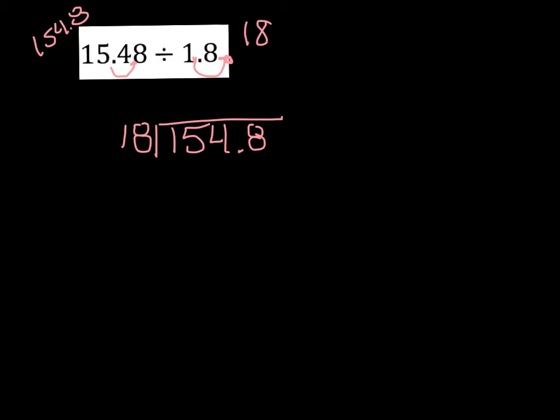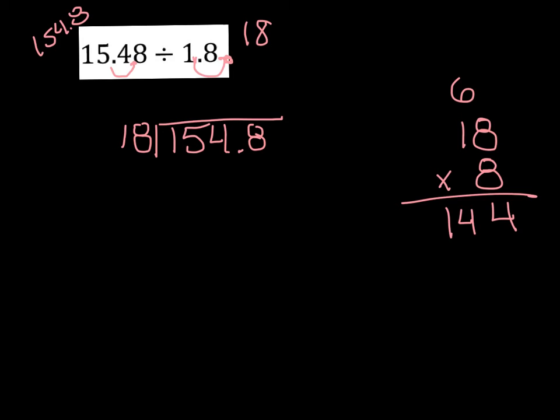So now I have to think, how many times will 18 go into 154? I know 10 is going to be too much because it's 180, and I still think 9 would be too much. So let's try 18 times 8. So 8 times 8 would give me 64. 8 times 1 is 8, plus the 6 is 144.